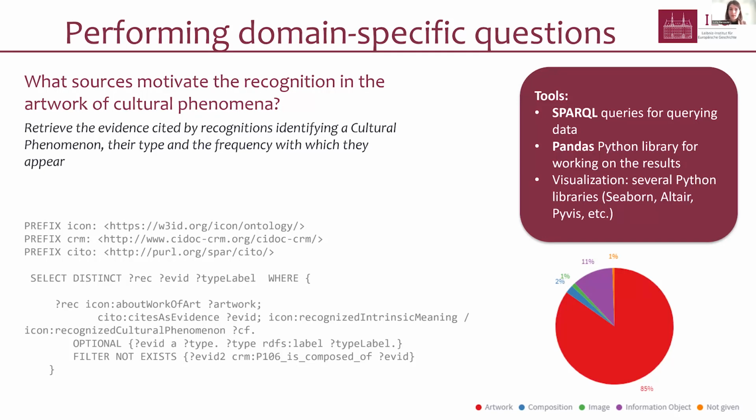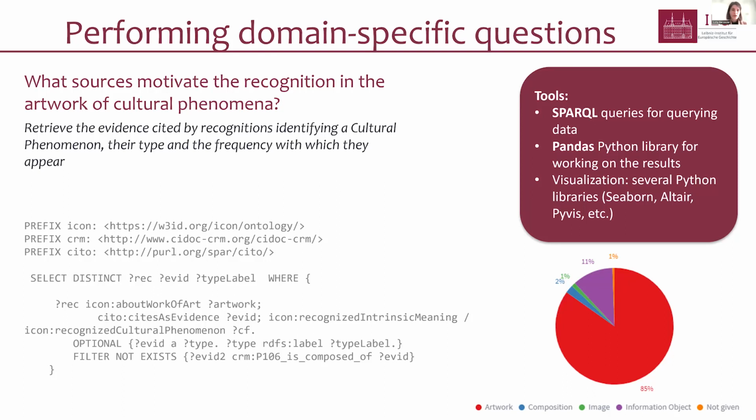For example, going back to our initial question, what are the sources motivating the recognition in the artwork of cultural phenomena? Here I did a query asking to retrieve the evidence cited by recognitions identifying a cultural phenomenon, and also their type, and through some data manipulation with the pandas Python library, I grouped them to see their frequency.